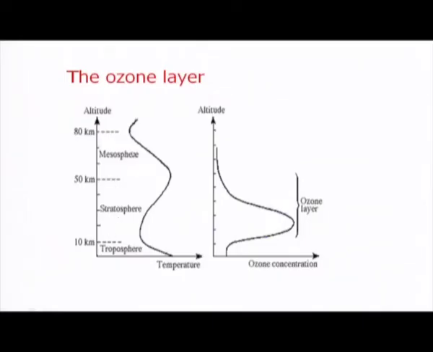The diagram again clearly indicates the different layers of the atmosphere. You can see the ozone is present in the stratosphere. The concentration is not very high, about 10 ppm even in the stratosphere, but that is very important to filter out all the harmful UV radiation.